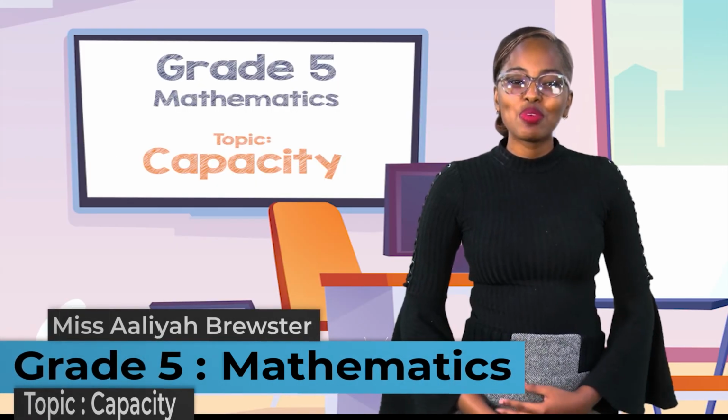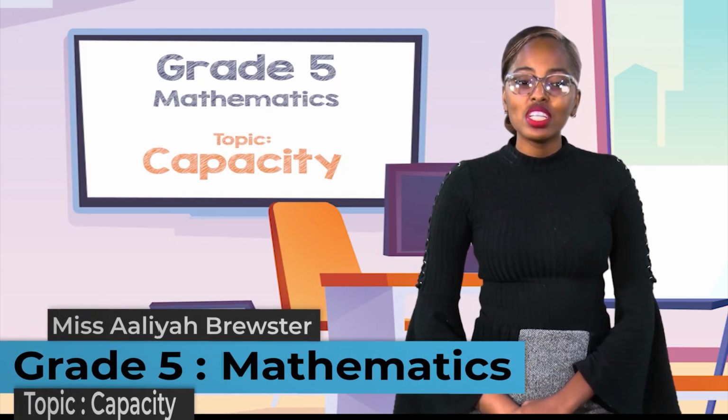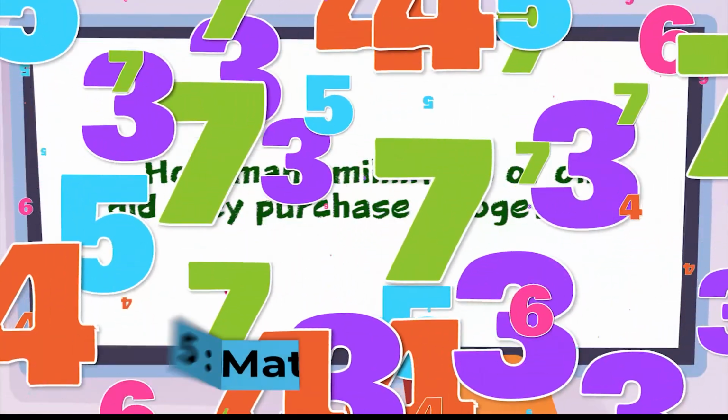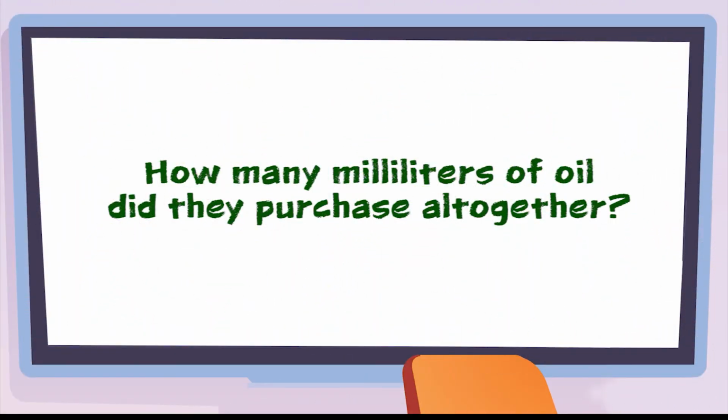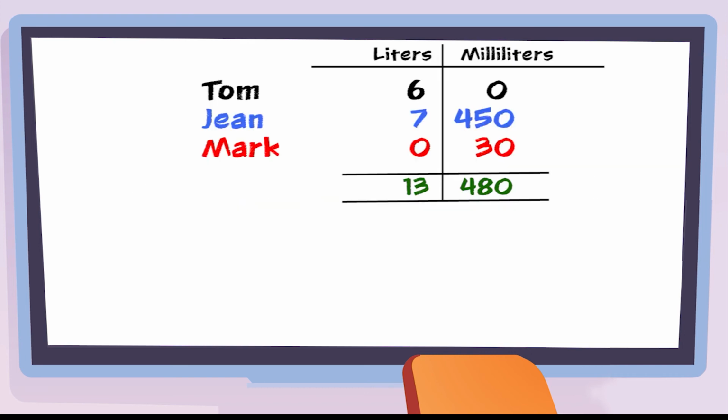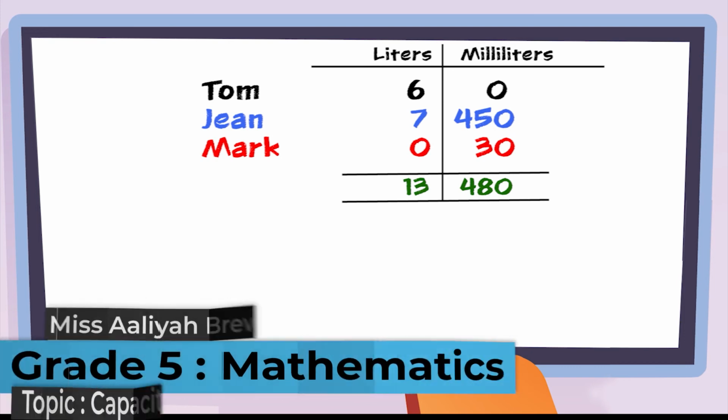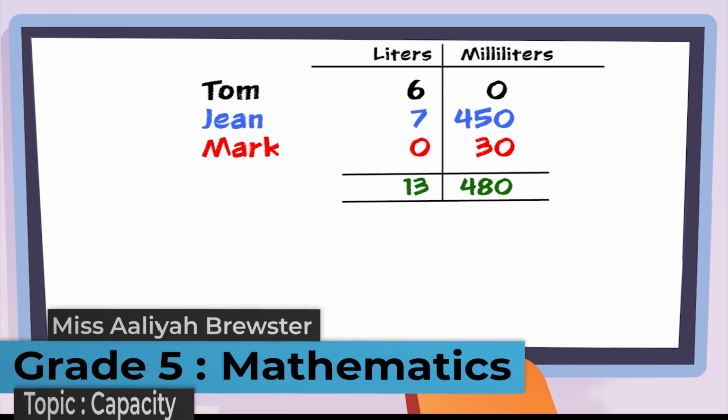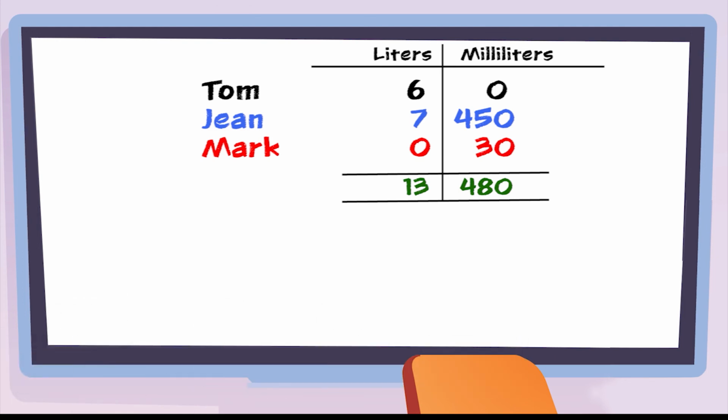Remember, boys and girls, we're not done here. The question asked, how many milliliters of oil did they purchase altogether? Therefore, we must now convert the 13 liters into milliliters and add the two figures together. First, let's convert 13 liters into milliliters.